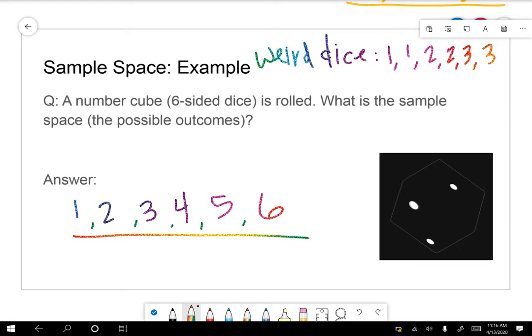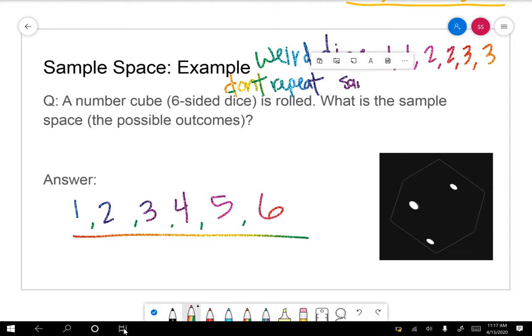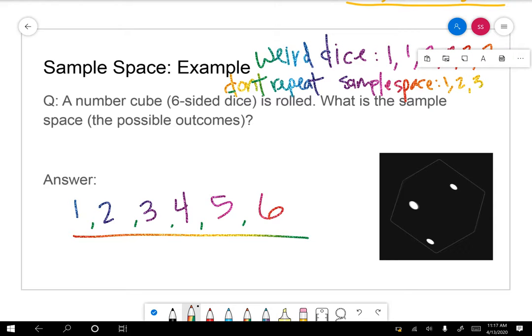Okay, so in this case, our sample space, because we don't repeat things, wow, can't spell today, just getting ahead of myself because I'm so excited about sample space. We don't repeat things, so in this case, our sample space would be 1, 2, and 3. Okay, so it's the possible outcomes, and we don't need to list multiples.